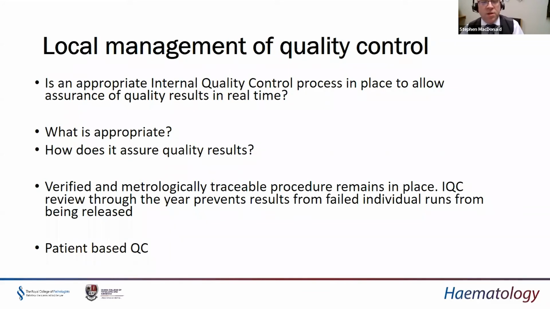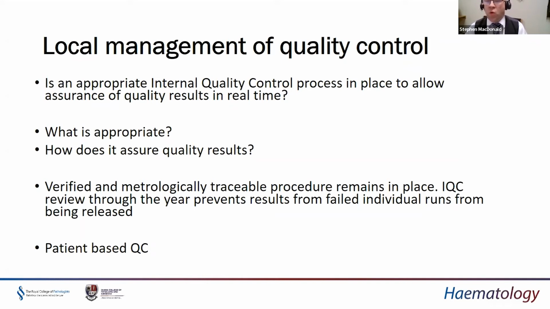We need to manage our assays in a clinically appropriate manner. That doesn't mean that we have a one-size-fits-all laboratory quality control policy across all of our assays. All of our tests behave differently. The expectation of all of our tests' behavior is different, and therefore we need to have different expectations of how we control them. So I think that the days of doing 2 standard deviations for a quality control failure are gone now.